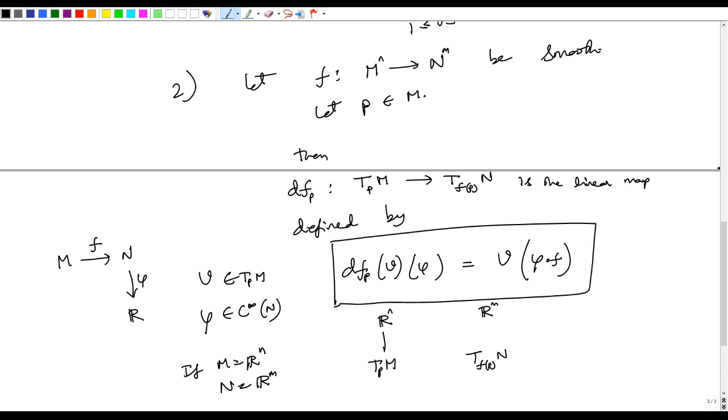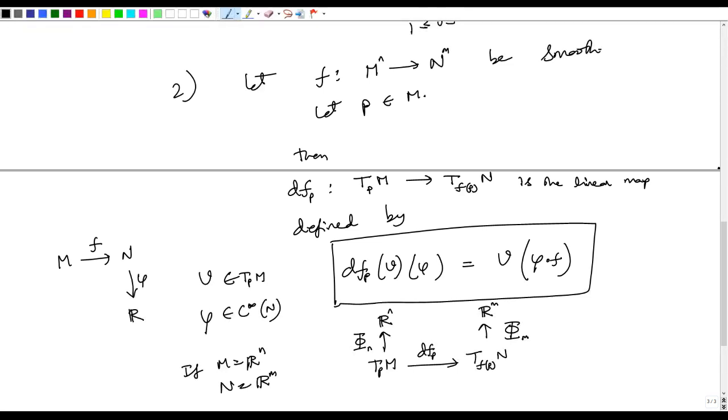So TPM, here let me call it capital Pn, capital Pm, and then I have this, well, this was my small dfp. The point here is that when I look at Rn as a manifold, then I get the second picture of the derivative.